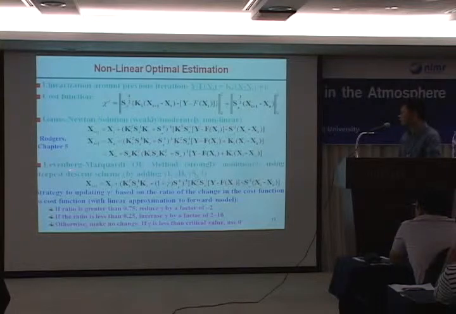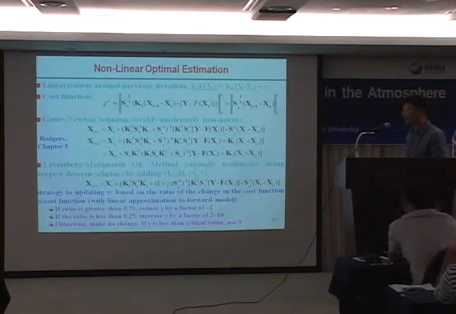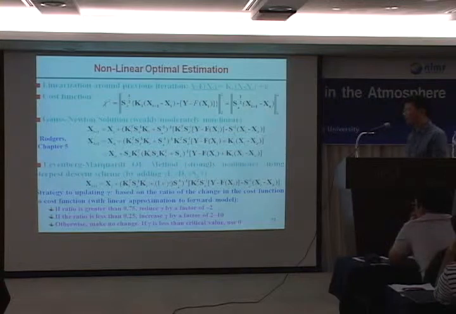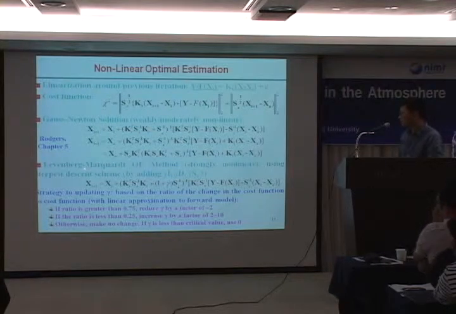But if the problem is strongly nonlinear, we might not be able to use this approach, because the previous solution might be too different from the actual optimal solution. So we often use the Levenberg-Marquardt method to tackle the problem.